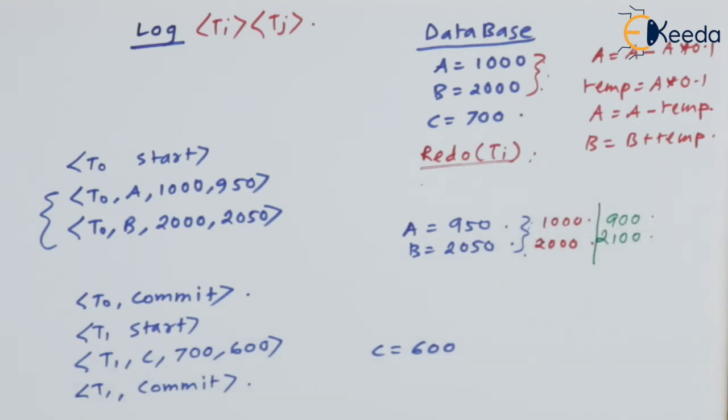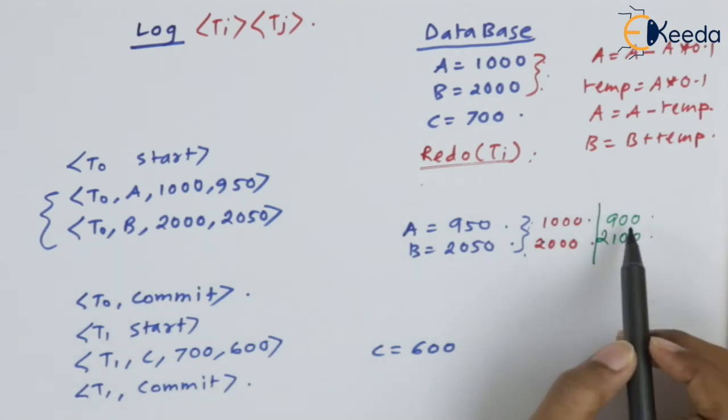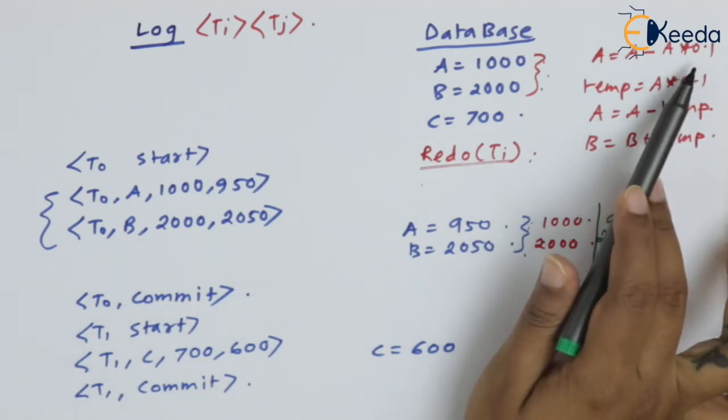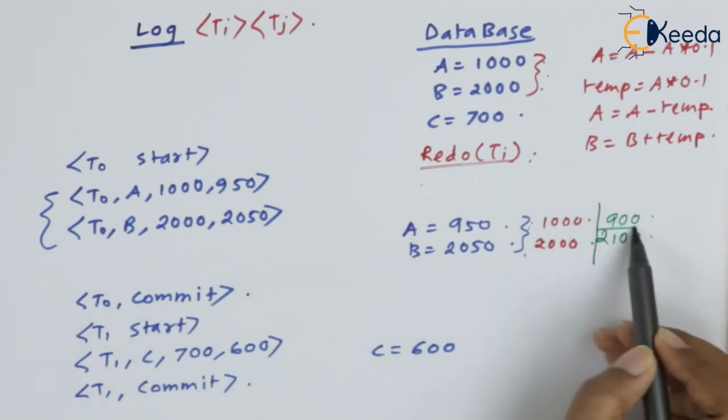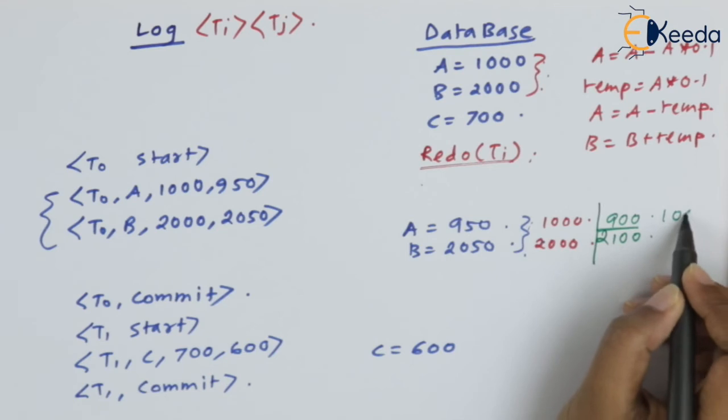But what happens when we perform redo in the exact order in which the operations were performed in the transaction? Now my A will be calculated and given back this 100 on this 900. That means my 900 now becomes 1000.